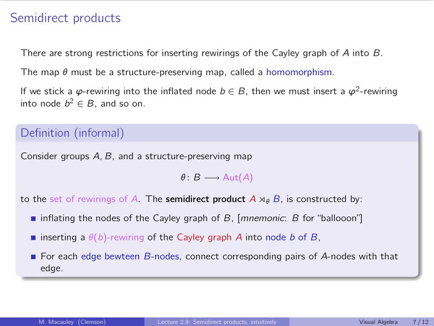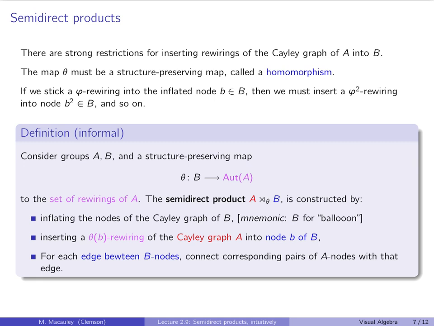So here is our informal definition of a semidirect product that really hinges on this visual picture of rewirings and balloons and the inflation process. Consider groups A and B and a structure-preserving map, theta, from B to the set of rewirings of A, which I'm going to call aut of A, aut for automorphism, and it turns out that it's a group, though it's not clear at this point exactly what that means or why.